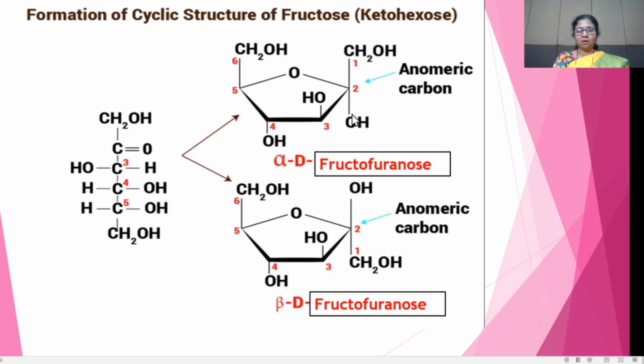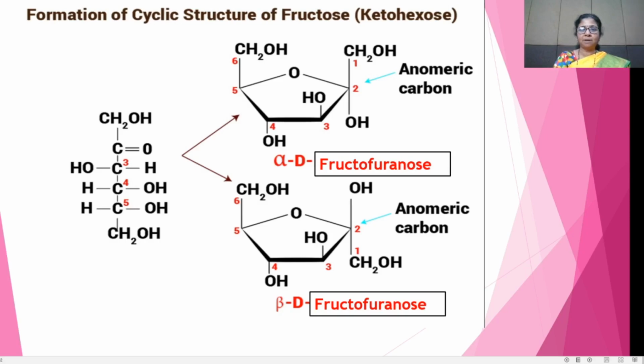Here also, according to the OH group, these are alpha and beta. If the anomeric carbon atom has the OH group on the alpha side, then it is called alpha D fructofuranose. And if the OH group is on the beta side, above the ring, then it is called beta D fructofuranose. We understand which is the anomeric carbon atom and what the alpha and beta positions are.